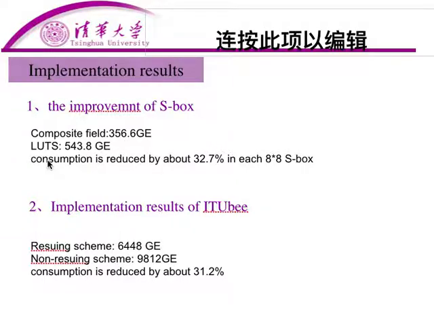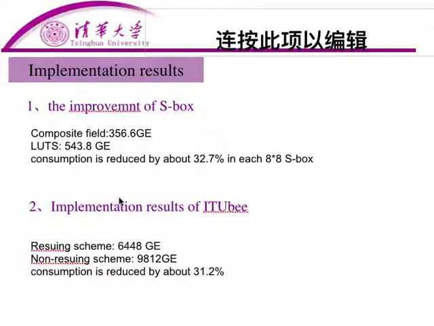When using lookup tables, 543.8 GE is used. By comparison, the composite field can save about 32.7% in each of the 8 S-boxes.